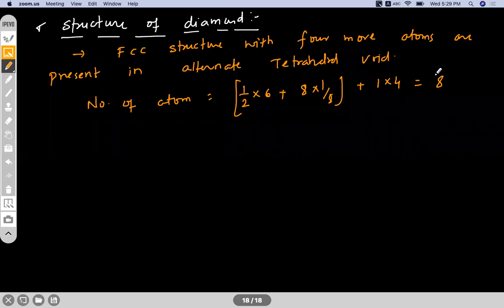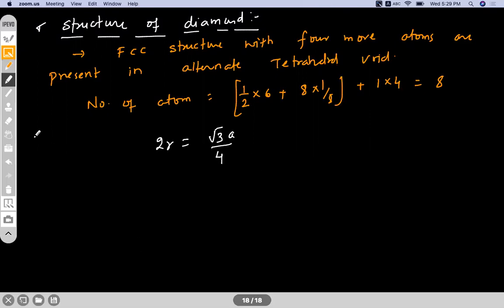do not touch each other. Right? If you look at the distance, the tetrahedral void and the corner atom, the distance is root 3a by 4. So the relation of a is 2r equals root 3a, the body diagonal, and 1/4 of it is root 3a by 4.